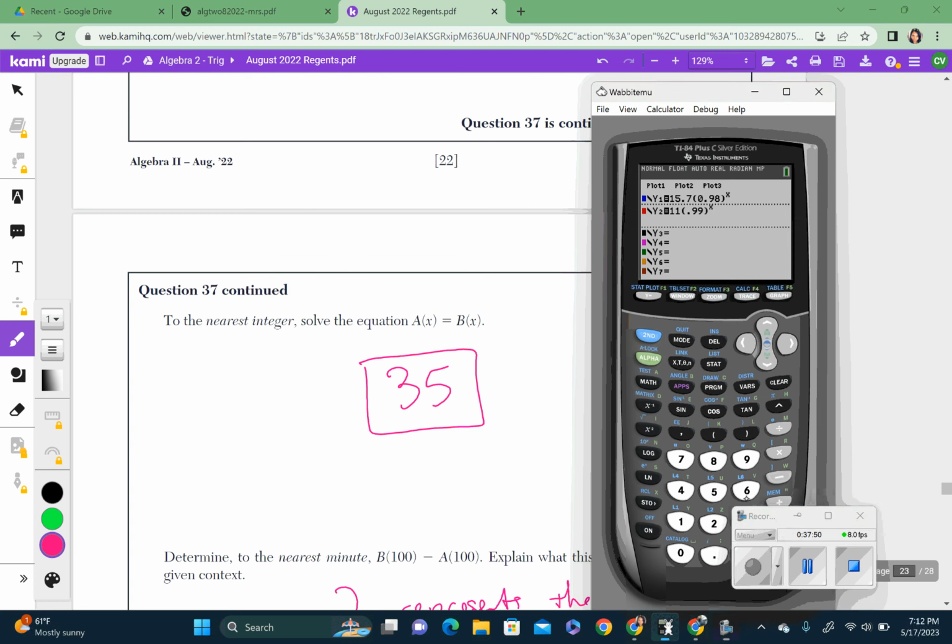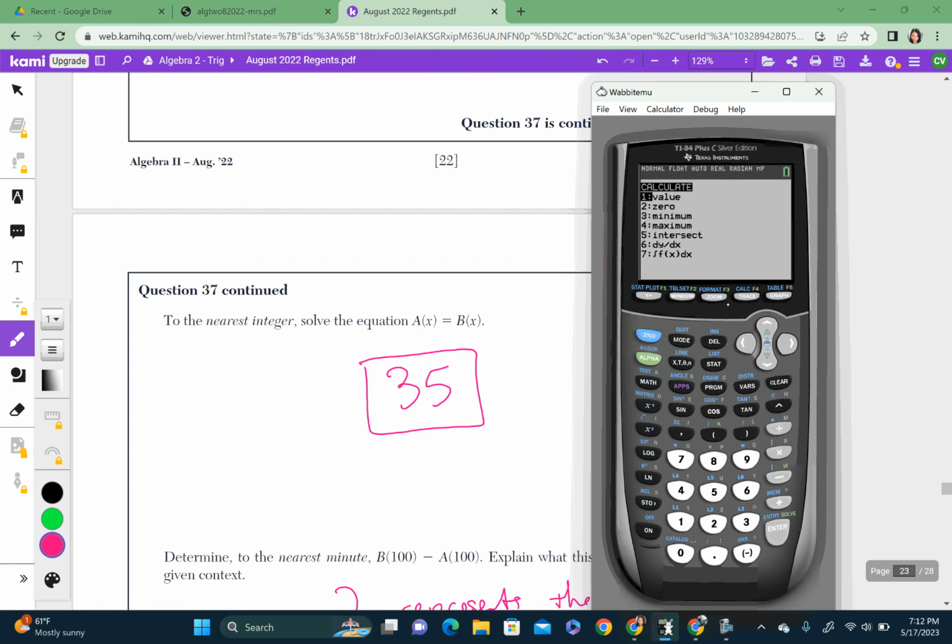All right, and you do the same thing for graph b of x, and then the next thing it asks you for the second part of it is to see where they are equal to each other. So second trace, option number 5 is intersection. So I'm going to let the two of them graph. That's the first one, that's the second one.